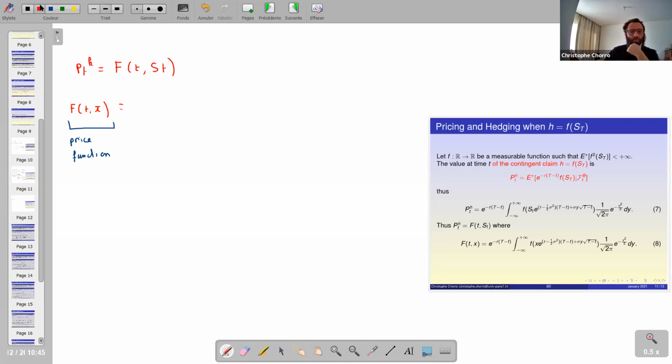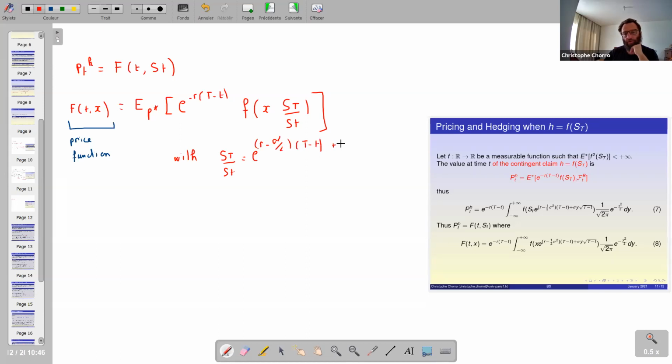It is equal to the expectation under P star of exponential minus R (capital T minus t) times f of x times S capital T over S_t, where I remove the conditional expectation, and S capital T over S_t is once again equal to exponential of (R minus sigma squared over 2)(capital T minus t) plus sigma (W capital T minus W small t).